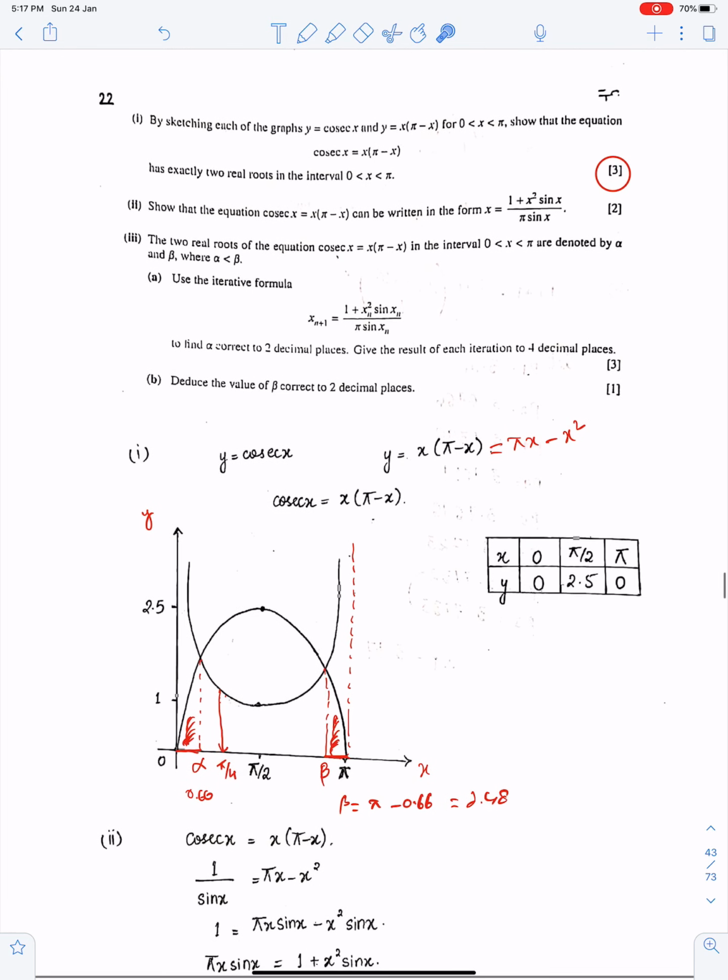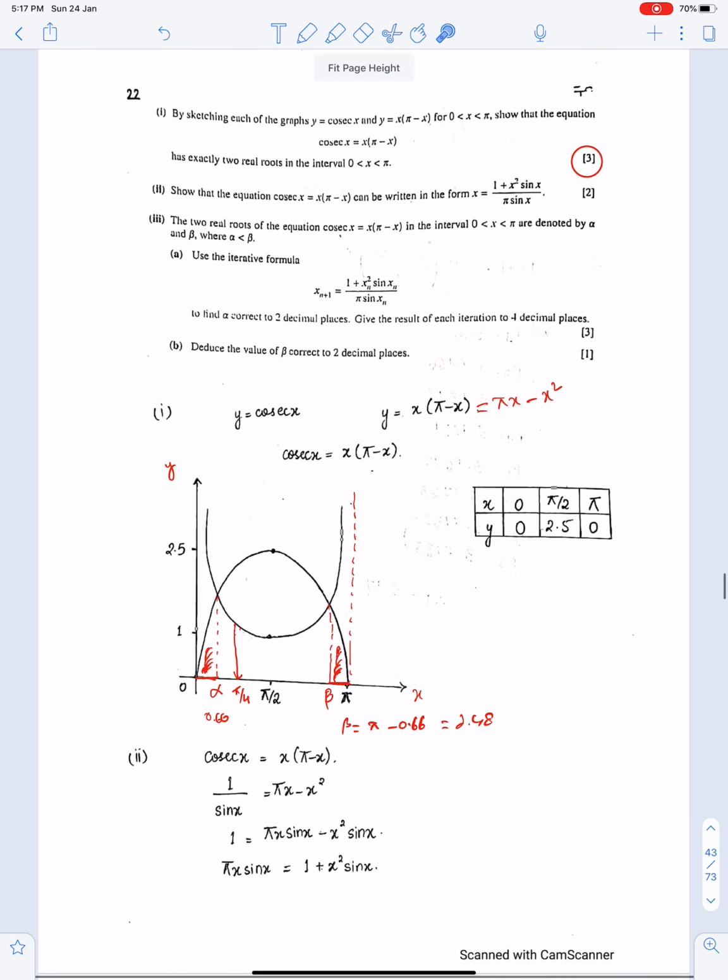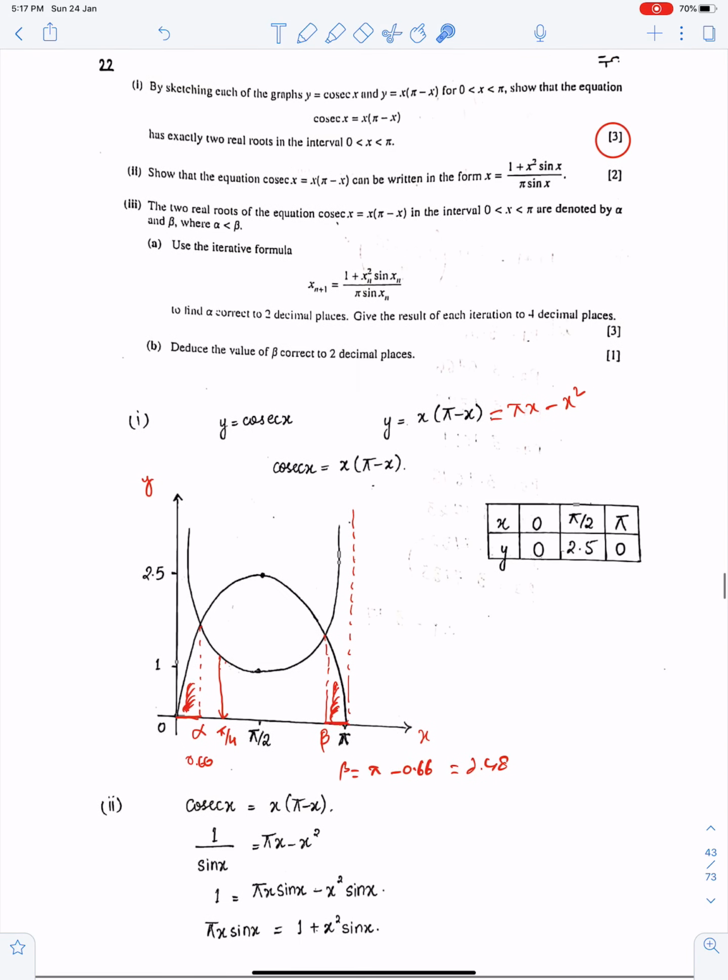You can take the screenshot now. In this question, part 1 and this last part were important. These two parts were very important.